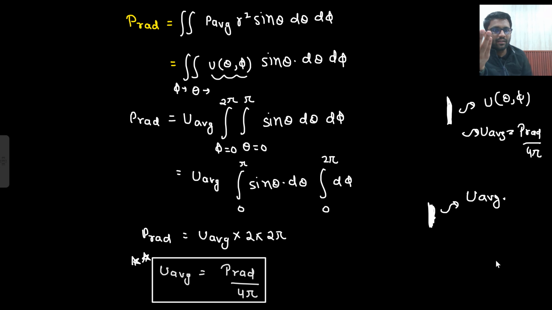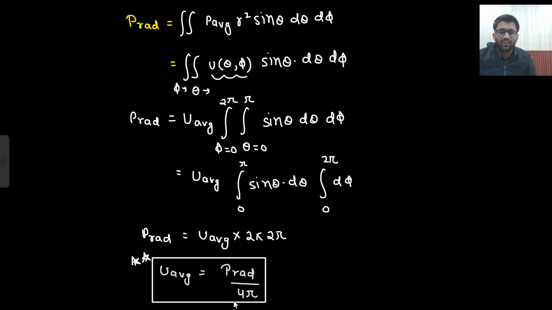And how we got here? You will understand: P radiated is there, then U theta comma phi was there, that will come out, U average it will become, and if I solve the limit, what I will get? 4 pi. So P radiated upon 4 pi, that's it. Like this also you don't need to mug up. In the mind only you can do the derivation. P radiated, from here I will get 4 pi, so P radiated upon 4 pi is our U average. Are you getting this point?